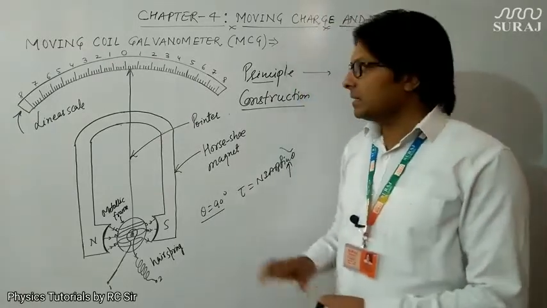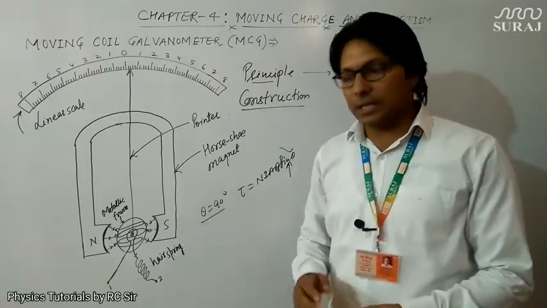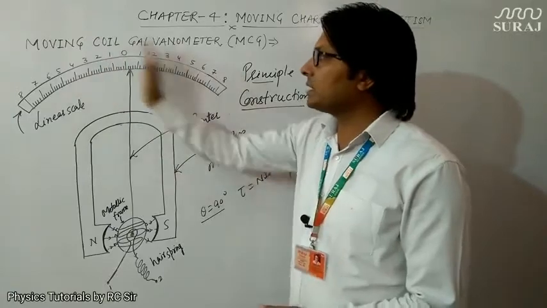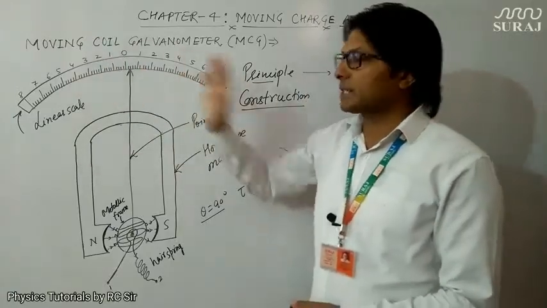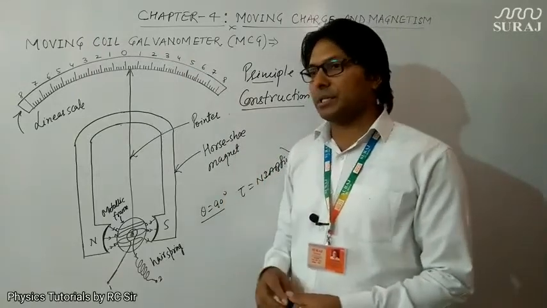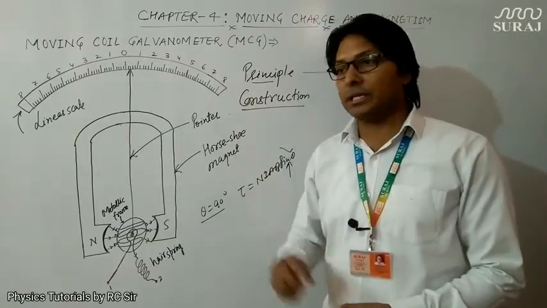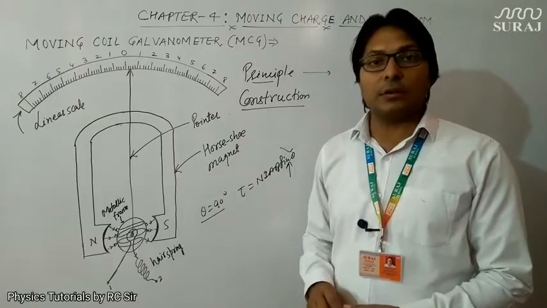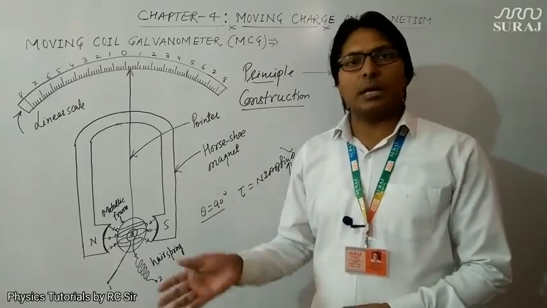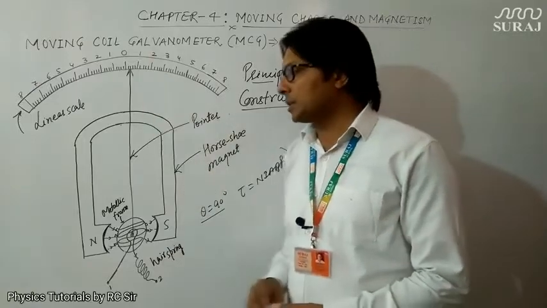No matter the direction of current, the deflection will be on either side of the scale. In an ammeter, you must have seen that the deflection is only in one direction, while in the case of a galvanometer the deflection may be on either side of this 0.